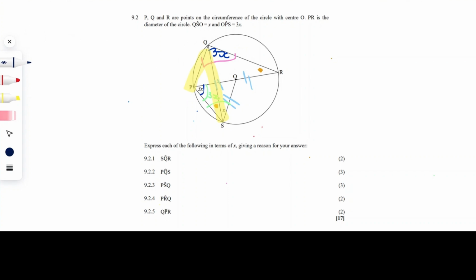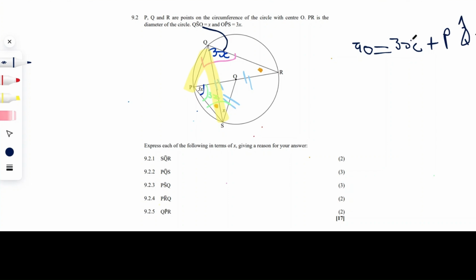So we can formulate a little equation for ourselves because we already know what the entire angle's value is and we know what a portion of the angle is equal to. So if we formulate an equation and say that the entire Q angle equals 90 degrees because of angles in the same segment, remember, we say that PR is the diameter and a diameter will always subtend a 90-degree angle. So it's going to be 90 degrees equals 3x plus this Q part of the angle, which is PQS.